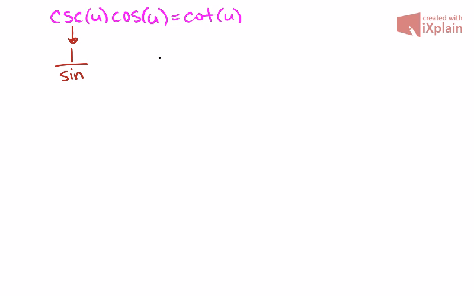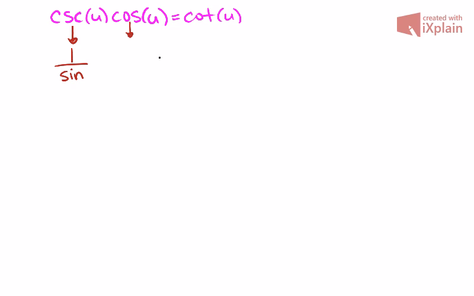Right. On the second one on the mini lesson, we had cosecant u times cosine u equals cotangent u. Okay, so we want to look at our chart that tells us all of our trig functions. Cosecant, we can change that to 1 over sine.